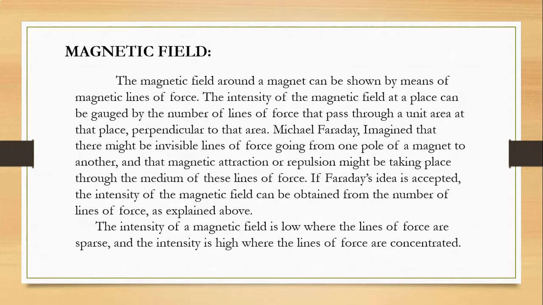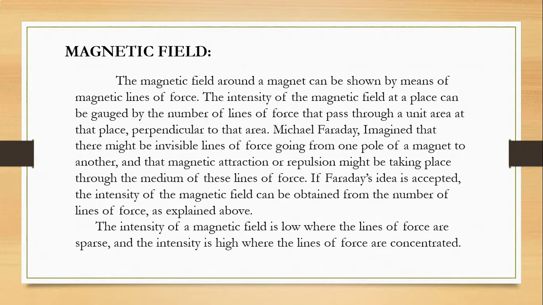Michael Faraday imagined that there might be invisible lines of force going from one pole of a magnet to another, and that magnetic attraction or repulsion might be taking place through the medium of these lines of force.